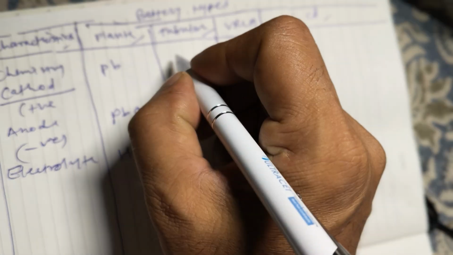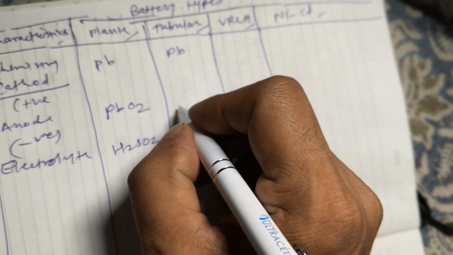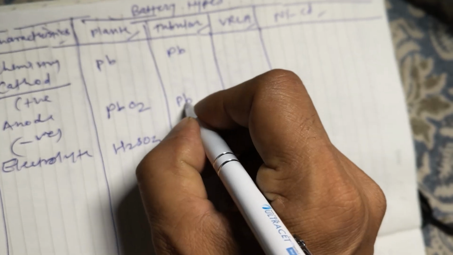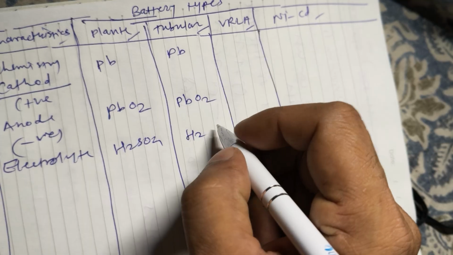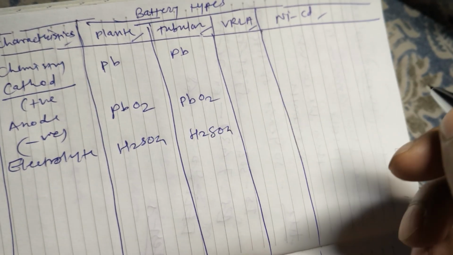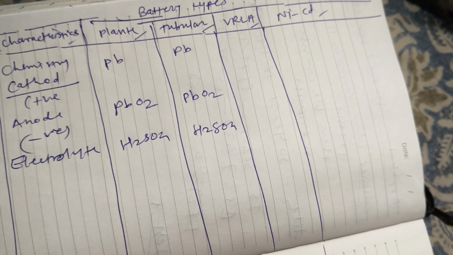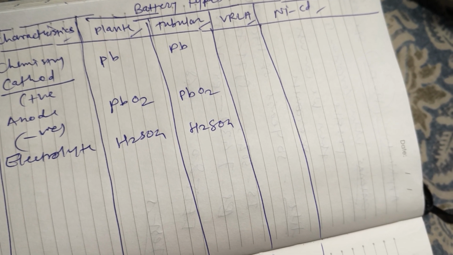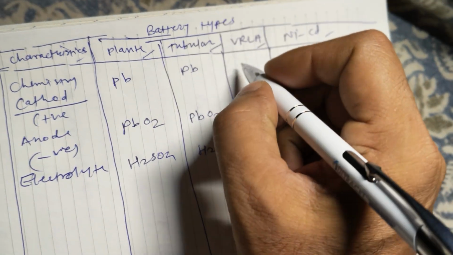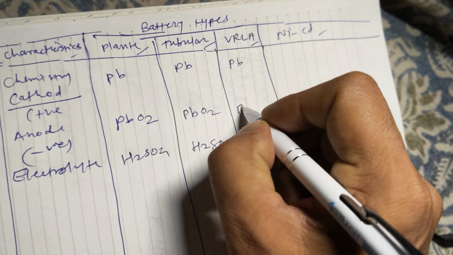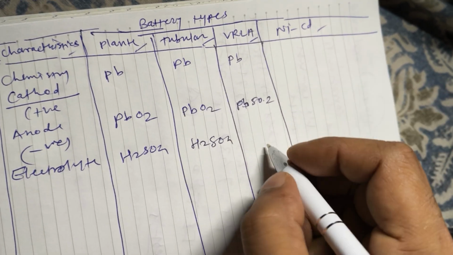Then VRLA battery. Here also the same cathode and anode materials are used, and the aqueous solution electrolyte is also the same. In the tubular battery also, same.